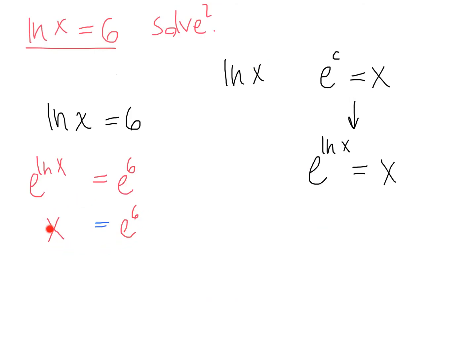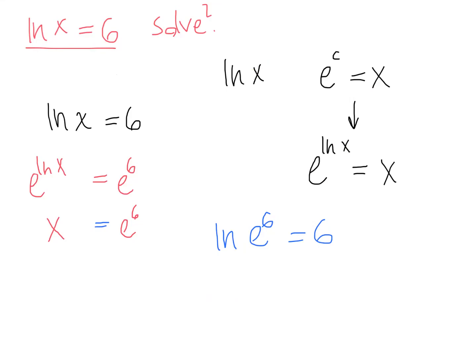And think about why this makes even more sense. Why does it make sense that x should be e to the 6th? Go back to our original equation. And imagine I start out with ln of x is e to the 6th, equals 6. What is this saying? The natural log of e to the 6th says, what is the variable that I must raise e to so that I get e to the 6th?